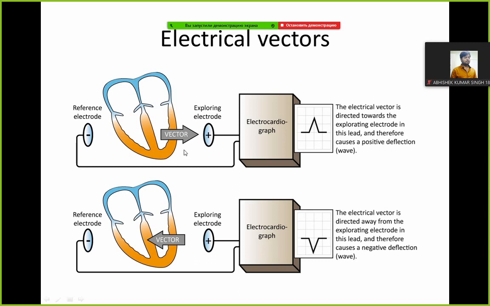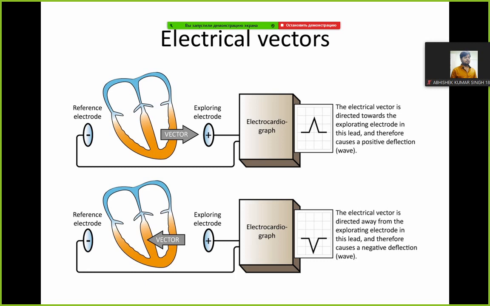The depolarization propagates through the myocardium similar to the spread of a wave front in water. At any given instant in time, there are numerous small depolarizing wave fronts that propagate through the myocardium, and the average of all individual wave fronts at any given instant represents the main electrical vector. Thus, the electrical vector is the average direction of the impulse.